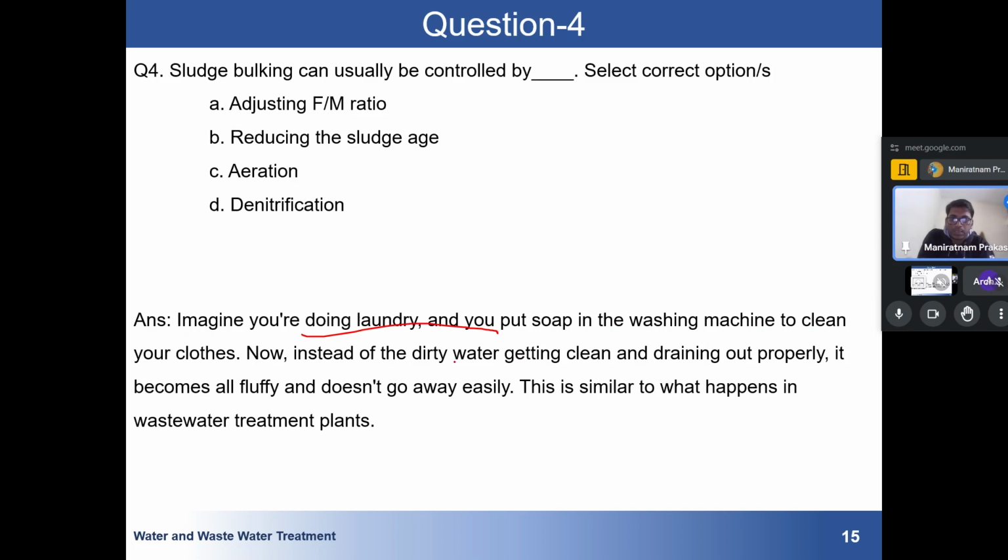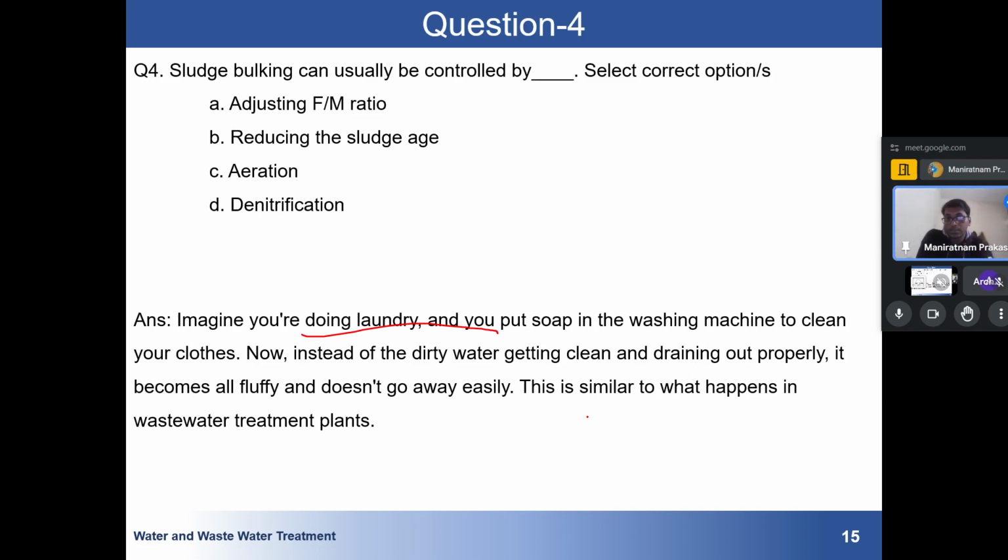Now instead of dirty water getting clean and draining out properly, it becomes all fluffy and does not go away easily. If you clean with soap, some particles will remain suspended in the water and won't go away easily, and you can't easily remove them by hand.